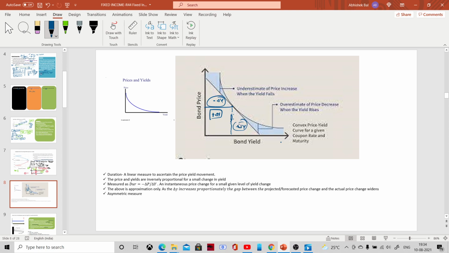From the inverse relationship of the price yield, we know that if the interest rate increases, the price of the security will come down and vice versa. But how to measure that?